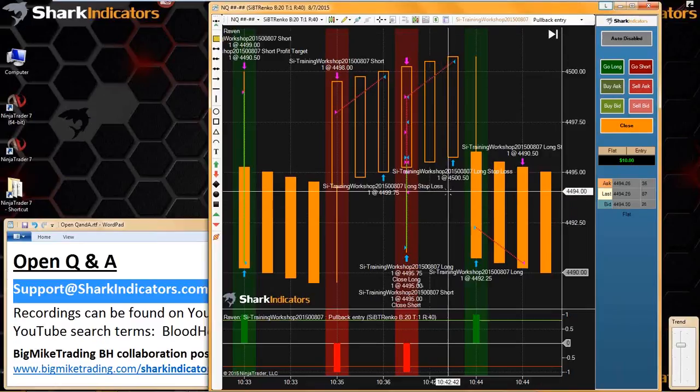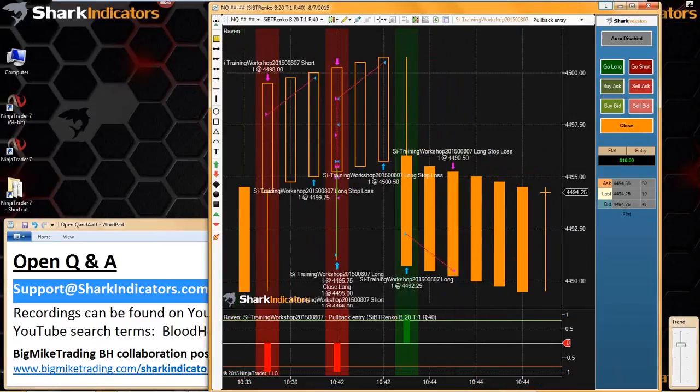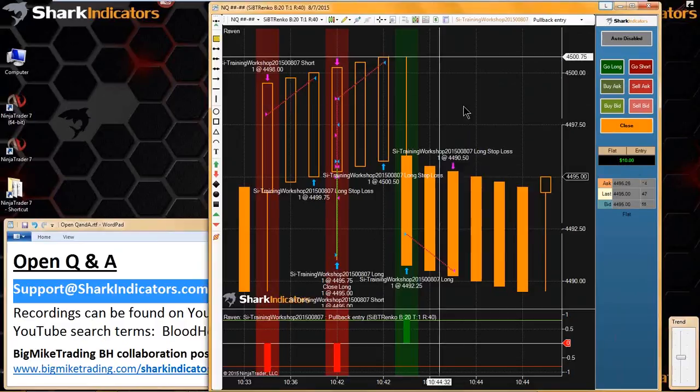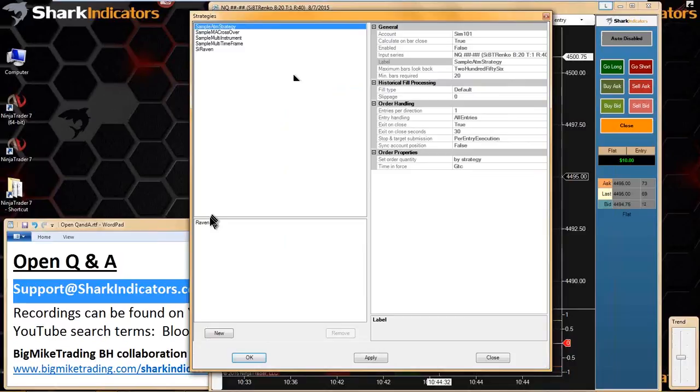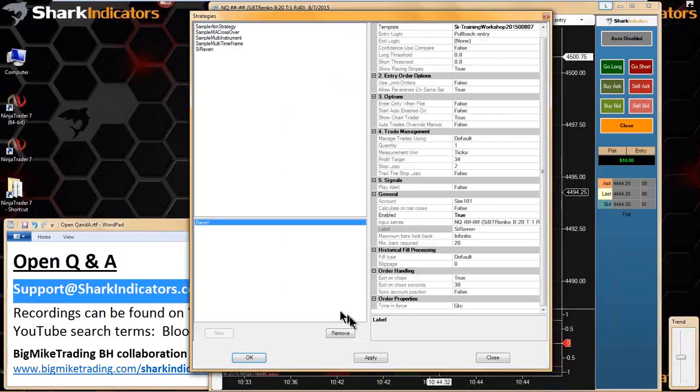So let's set this correctly. I had to make some changes to Raven here. I've got Raven disabled, and Raven's flat. Now I can go into my strategies and disable it.